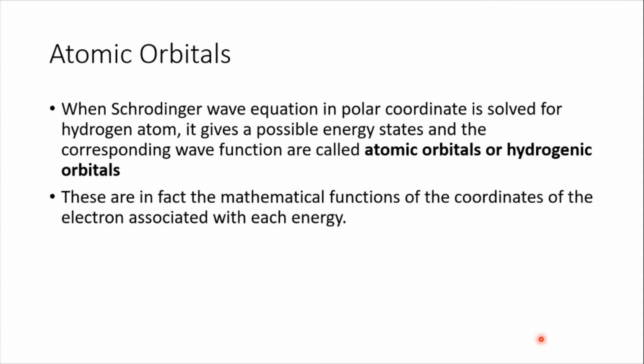First of all, we will study what atomic orbitals are and where they have come from. When the Schrodinger wave equation in polar coordinates is solved for the hydrogen atom, it gives the possible energy states and the corresponding wave functions, and these are called atomic orbitals or hydrogenic orbitals.